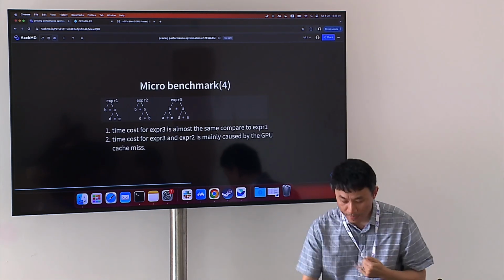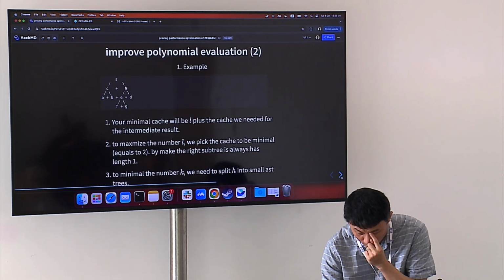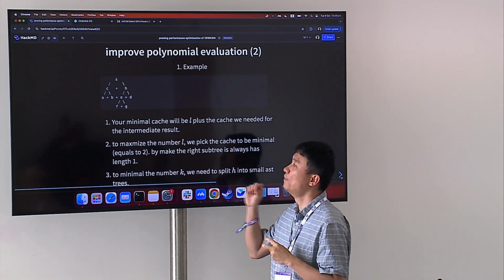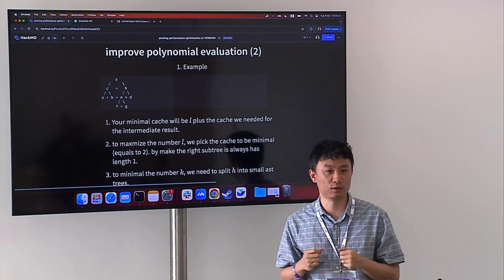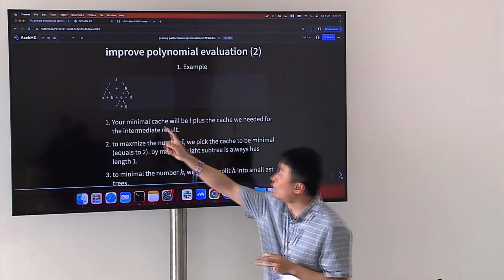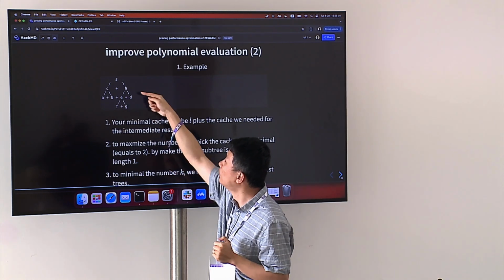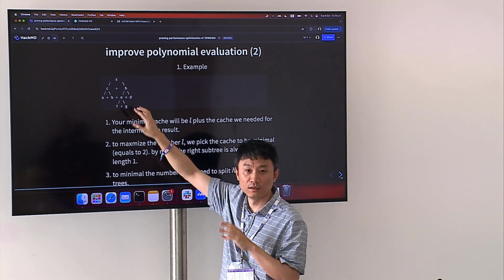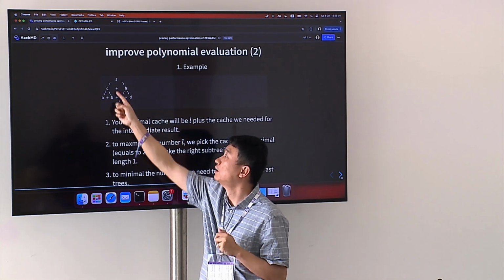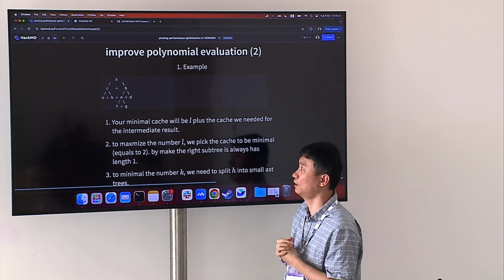So to do this, we have to very carefully measure how many vectors we can cache on the GPU, right? Because if we would like to calculate this, then we will have to cache 1, 2, 3, 4, 5, 6, and plus 2 intermediate vectors to hold the intermediate values. You have to take care of the intermediate values very carefully.